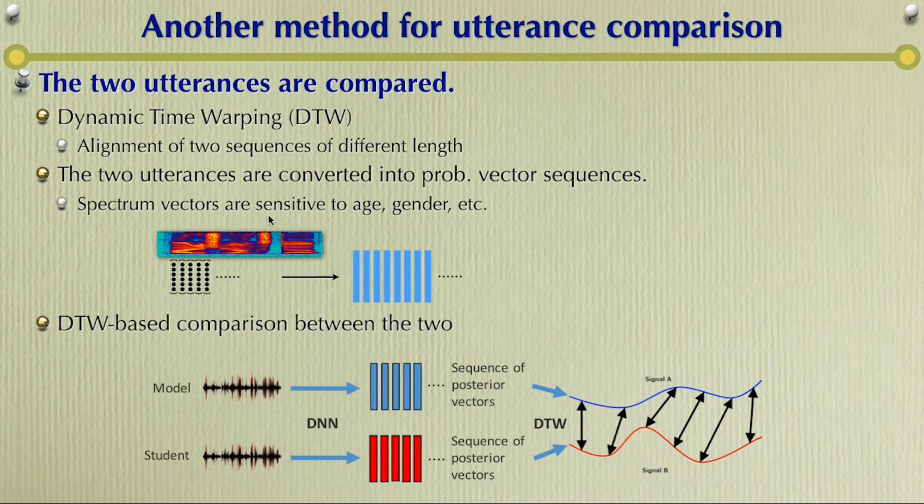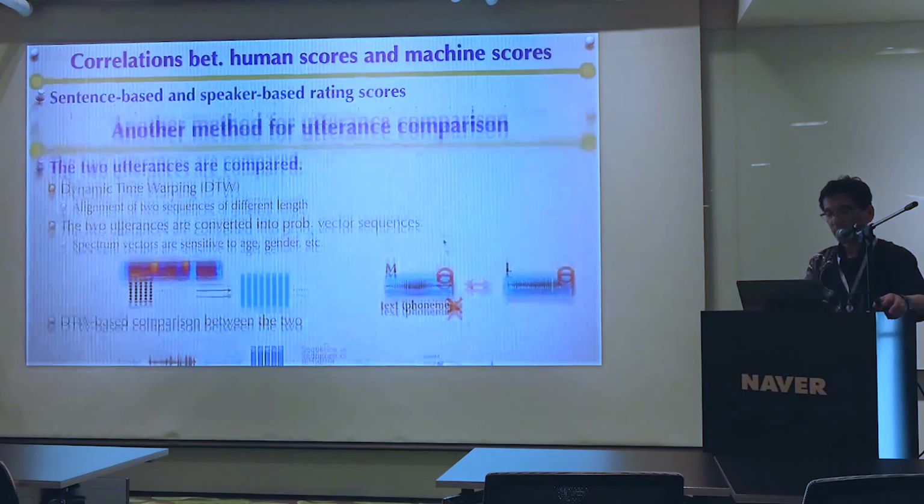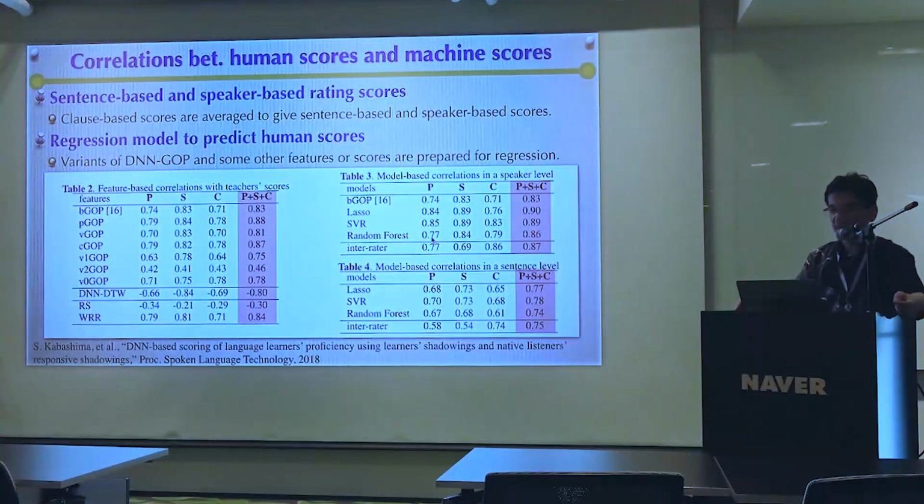So first we convert them into posteriogram sequences, and then they are compared using dynamic time warping. This is another simple approach. In this case, the model utterance and learner utterance are compared by DTW after calculating the posteriograms. This is DNN DTW. We tested these two very, very simple techniques.